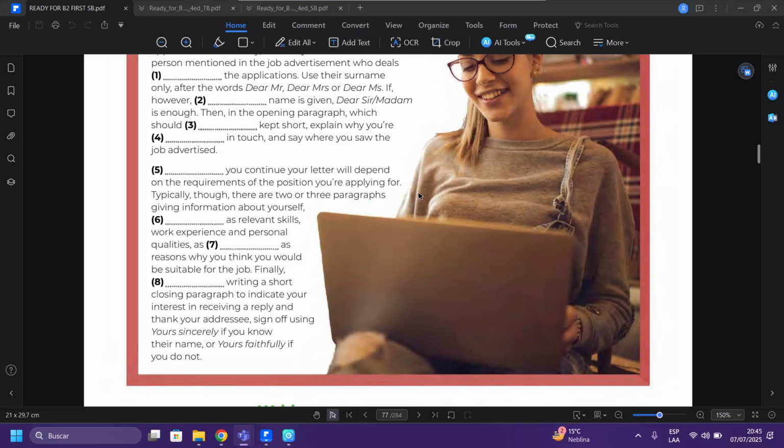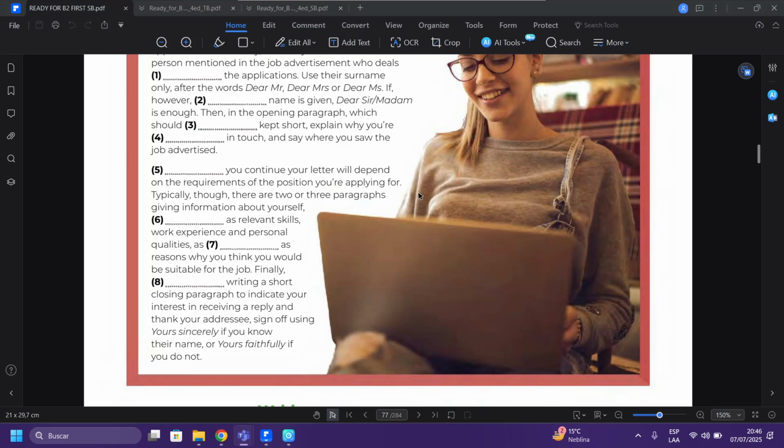Because we are breaking down some things in this part. Number 7, very easy this one. As well as reasons why you think you would be suitable for the job.